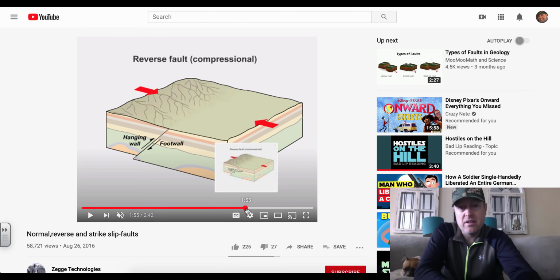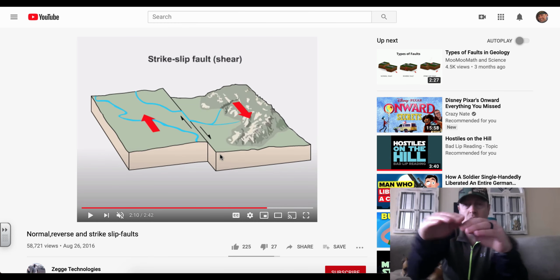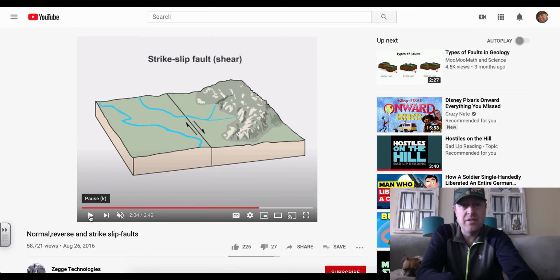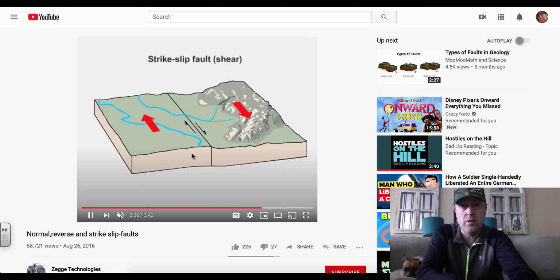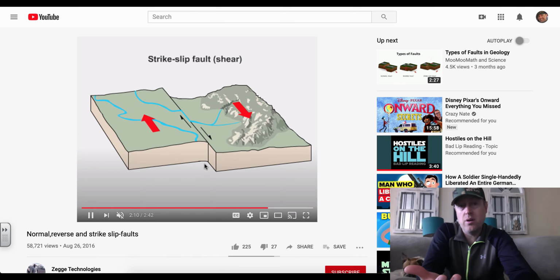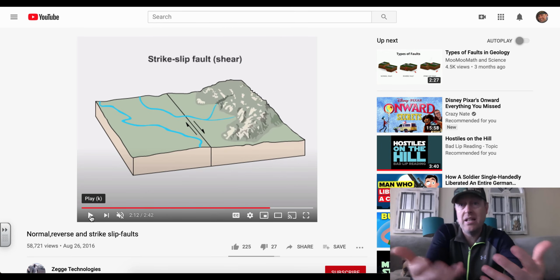And then the last kind of fault breaking, instead of rock going up and down, we have rock that breaks side to side laterally. Okay, and this is called a strike slip fault. The rock is breaking in this direction, not up and down. And all three of these can cause earthquakes.